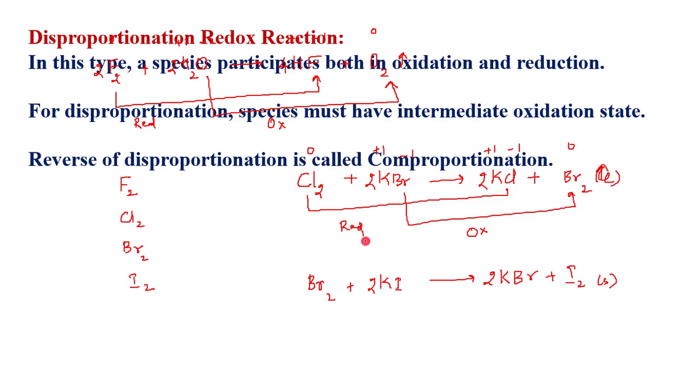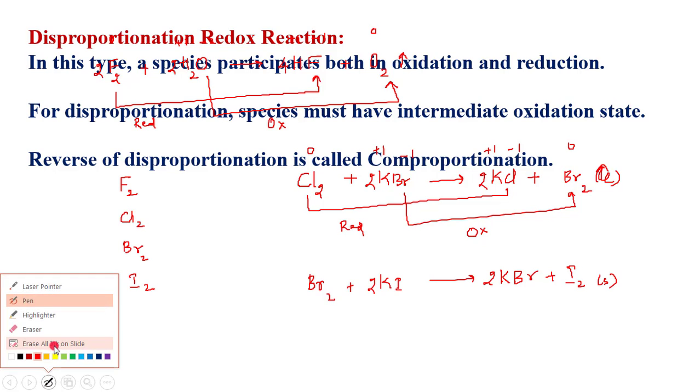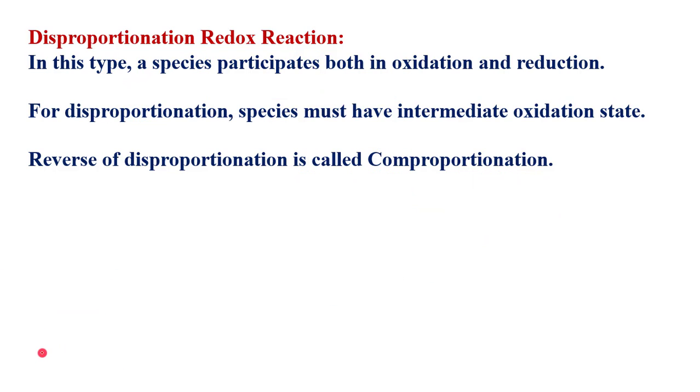Going to the next category of redox reactions. Disproportionation redox reaction. In disproportionation redox reactions, a species participates both in oxidation and reduction, right?